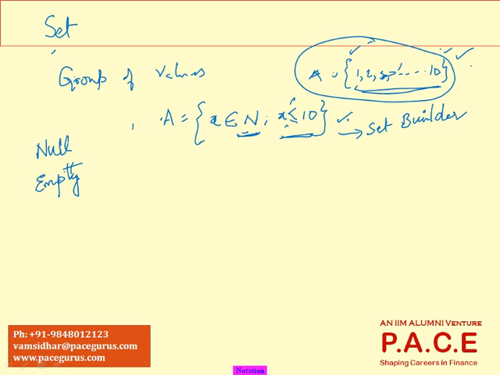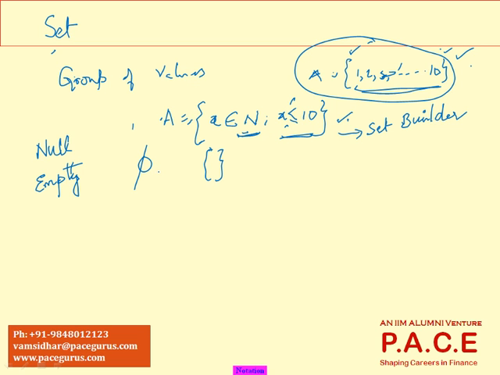So if the set does not contain any values, we can very well categorize it as a null set or an empty set, and sometimes denoted by a symbol called phi, or it is also denoted by just a simple braces without any values inside it. That is what we categorize as the null set.